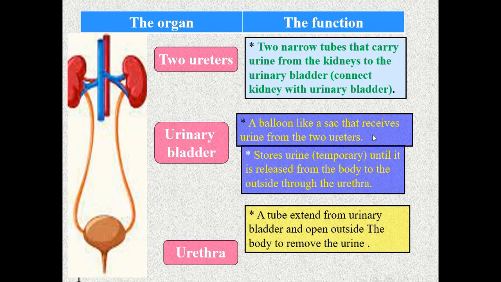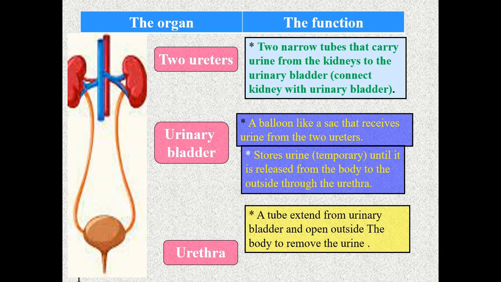So the urinary bladder stores the urine until you feel you want to go to the toilet. When your urinary bladder is filled with urine and you have to get rid of it, you tell me, teacher, I want to go to the toilet.